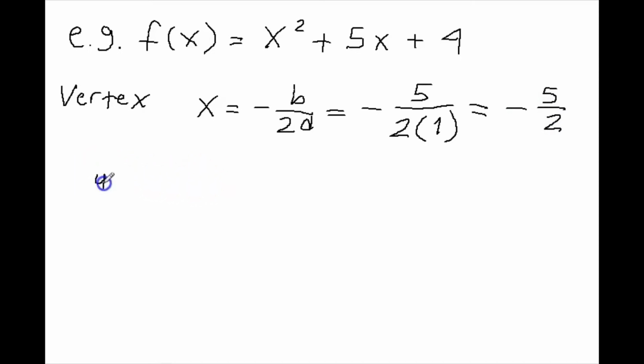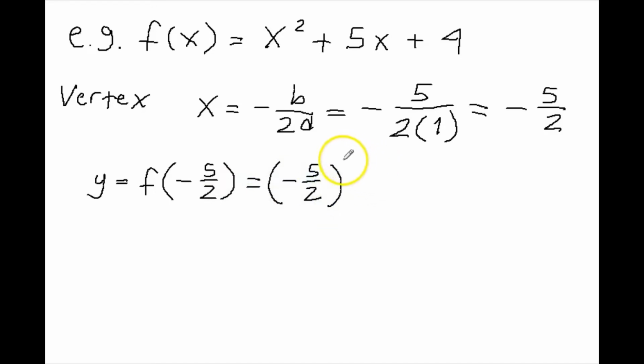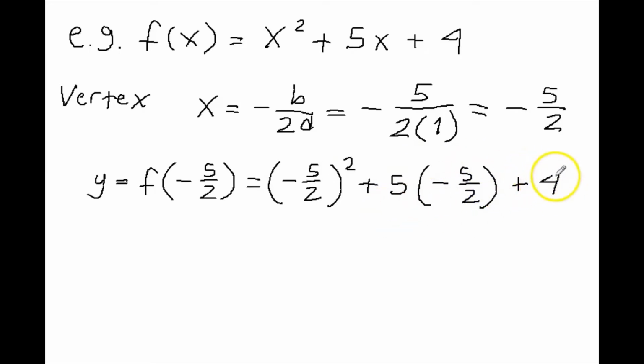Now to find the y-coordinate, I evaluate f at negative 5 over 2. So that will be negative 5 over 2 squared plus 5 times negative 5 over 2 plus 4. So what does this turn out to be?